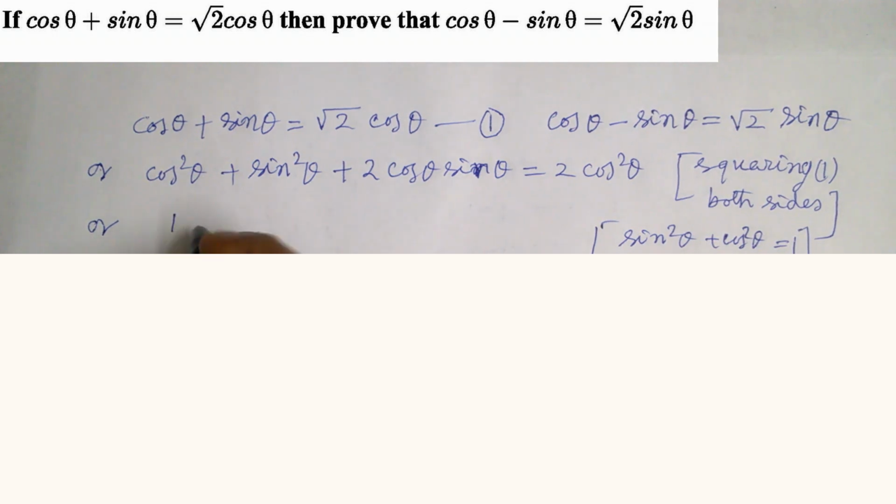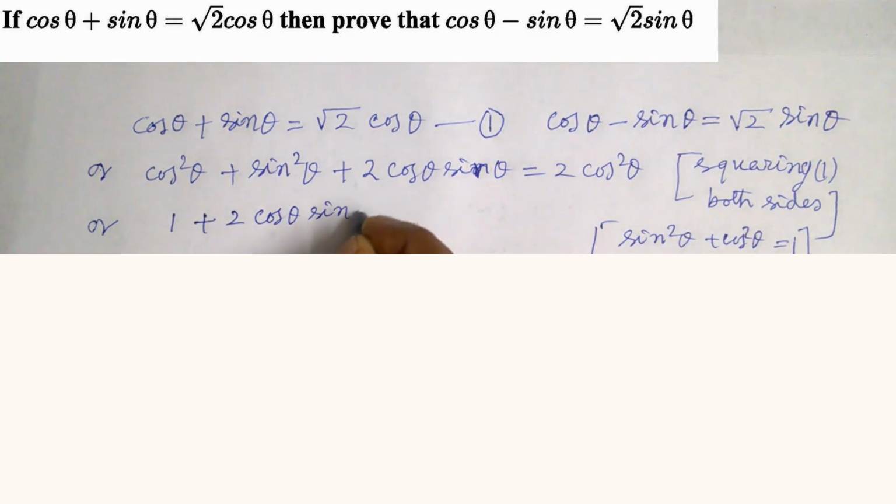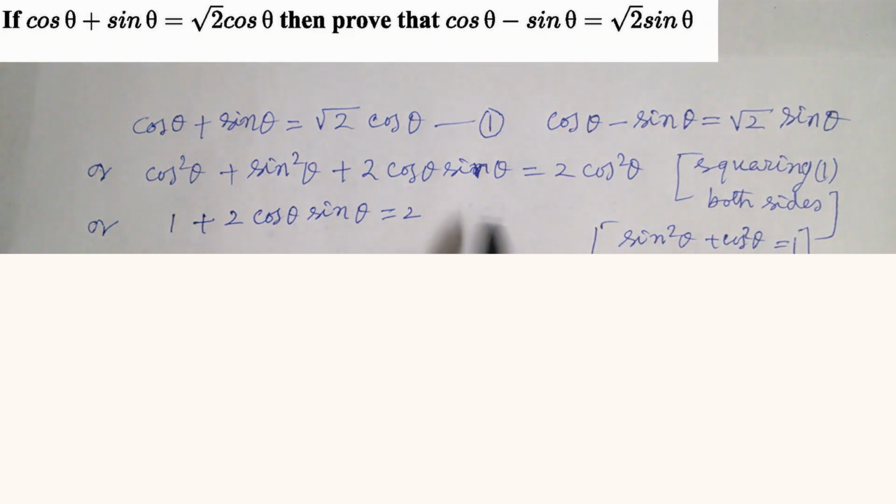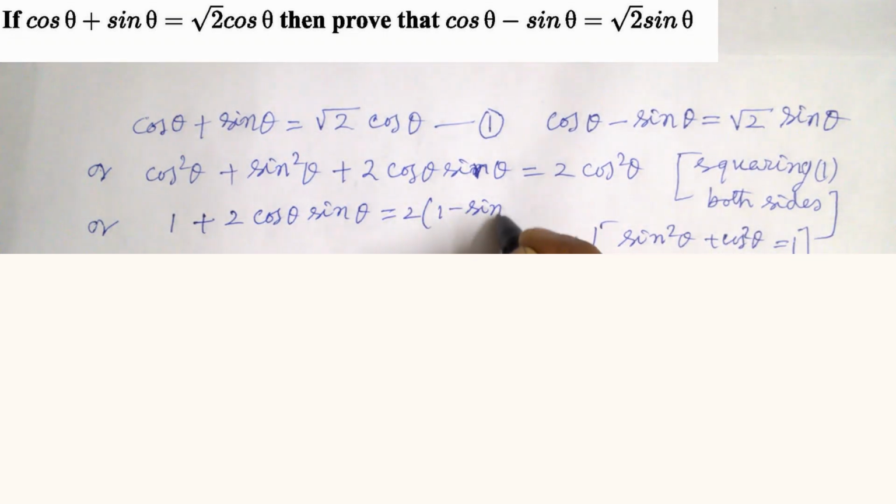So 1 plus 2 cos theta sin theta is equal to 2. Simultaneously we will write cos square theta is equal to 1 minus sin square theta, and 2 as it is, times 1 minus sin square theta.